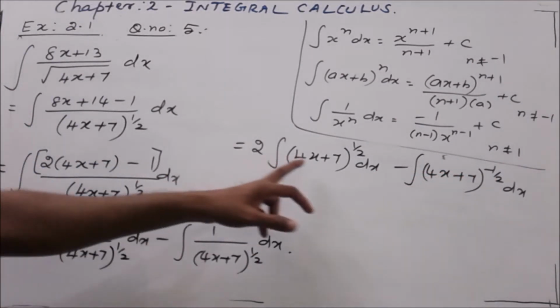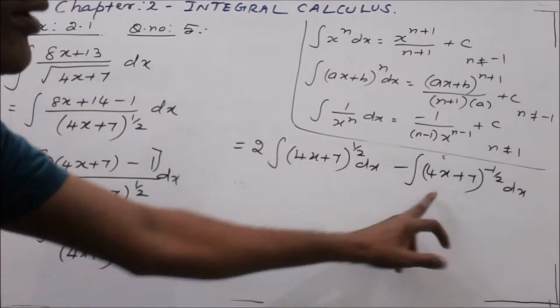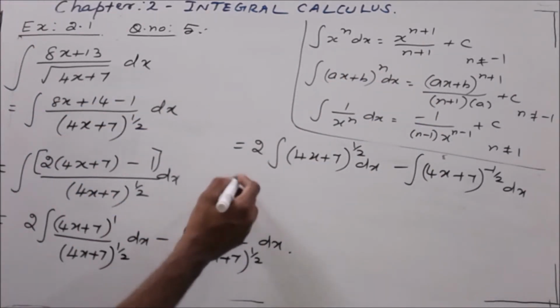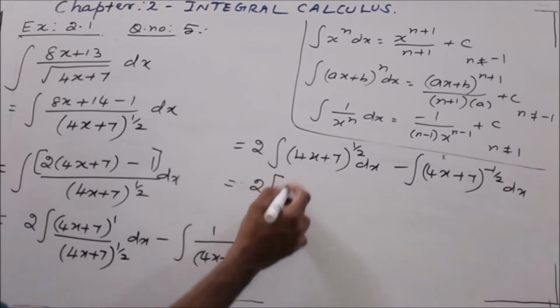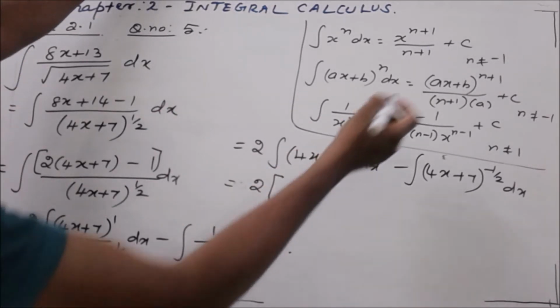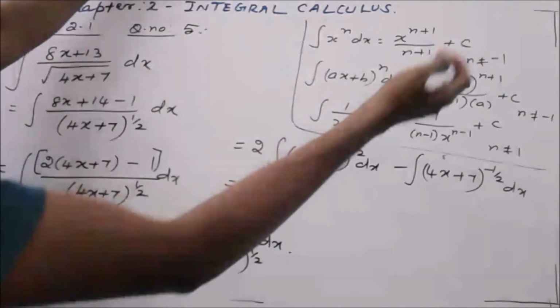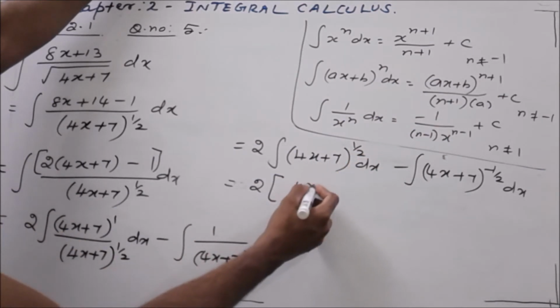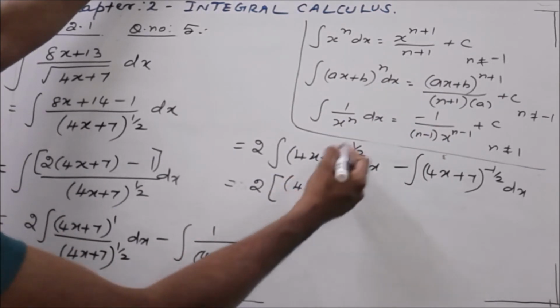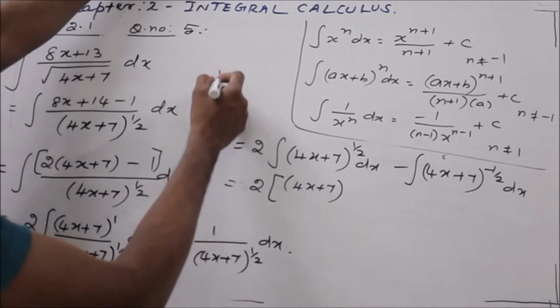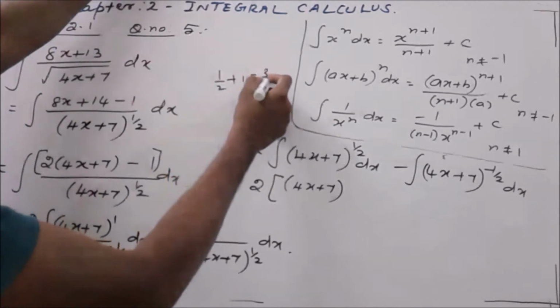Here applying the ax plus b whole power n formula for both the terms, that is equal to 2 into ax plus b whole power n plus 1 by n plus 1 into a. 4x plus 7 whole power n plus 1, 1 by 2 plus 1, that is equal to 3 by 2.